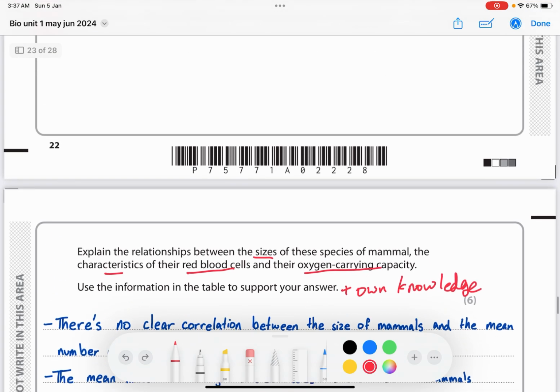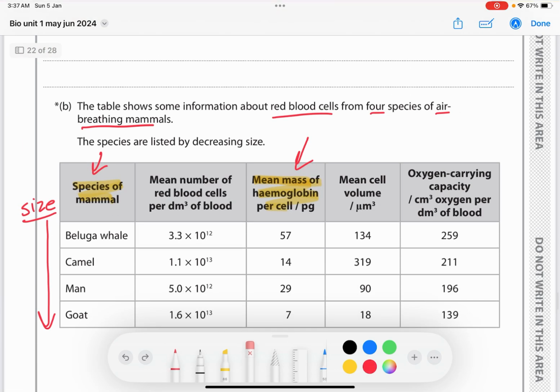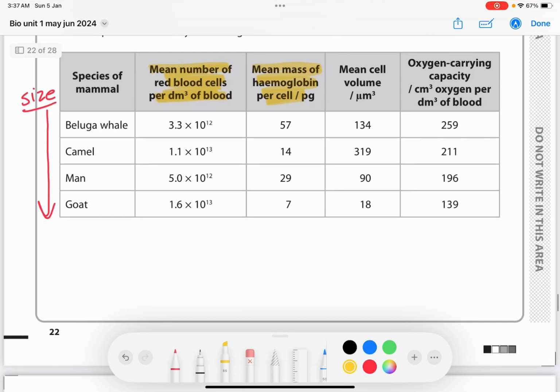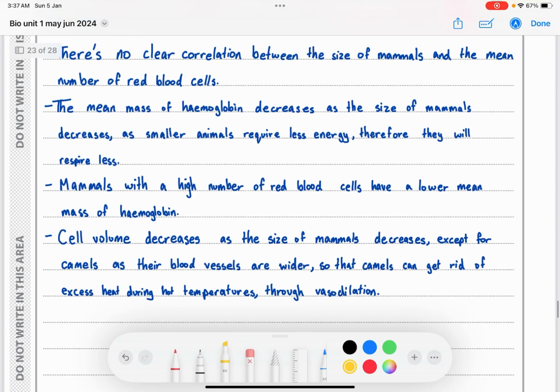Let's go back up over here. I am looking at the mean mass of hemoglobin and the mean number of red blood cells. We said that a high number of red blood cells have lower.